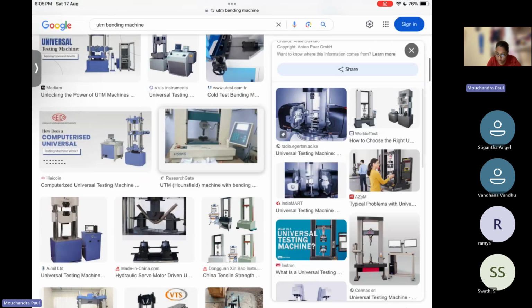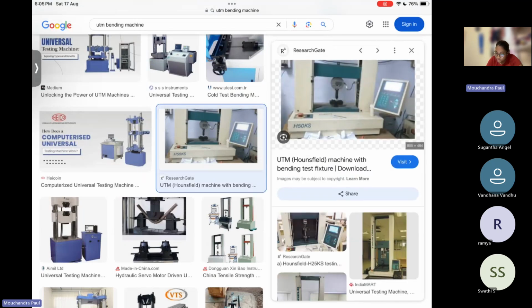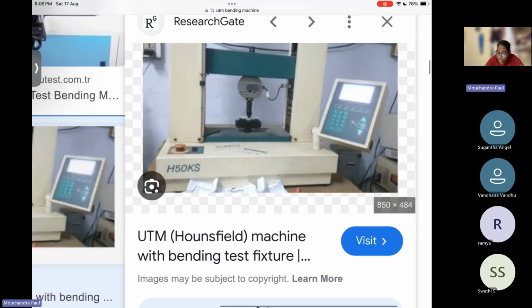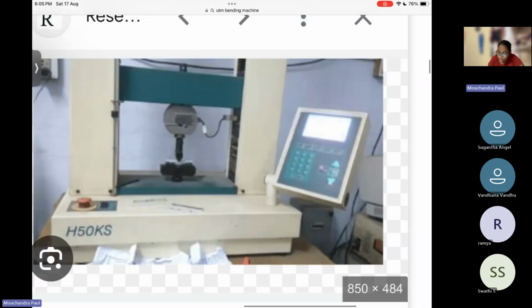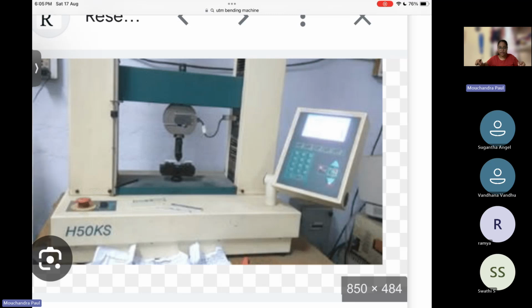Bending test. Maybe this will be a good image. Here the white colored thing that you can see is the sample, and it is kept in a horizontal fashion, and in the middle one tip is coming on top of it, applying some load, because of which the material will bend like this. That is called a bending test.